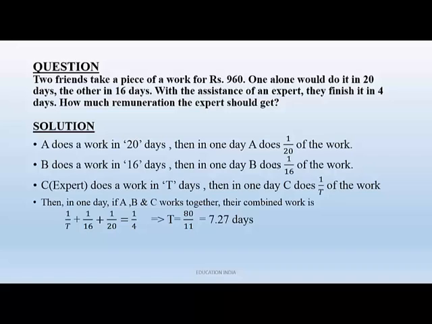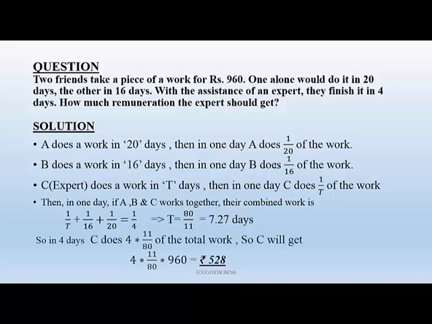Equating 1/T plus 1/16 plus 1/20 to 1/4 and solving the equation for T, we get T equals 80/11. So this is the time required by the expert C to do the work alone, that is some 7.27 days.